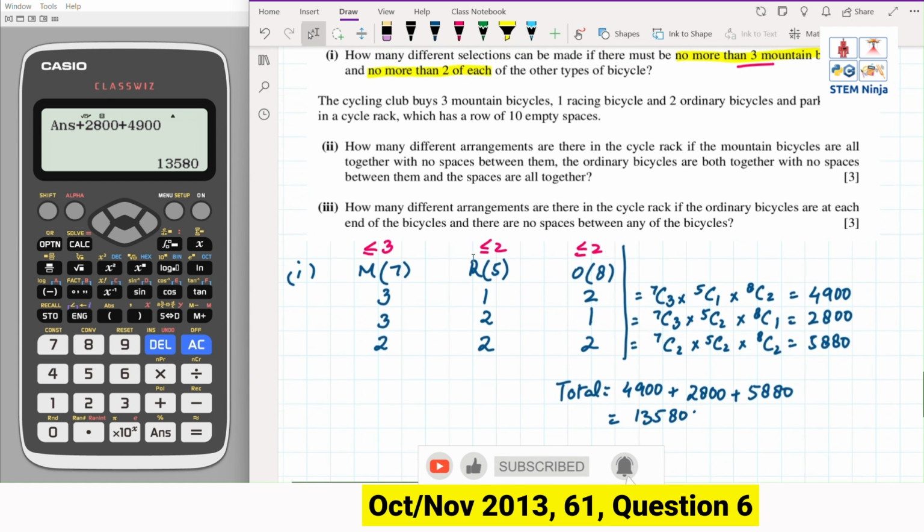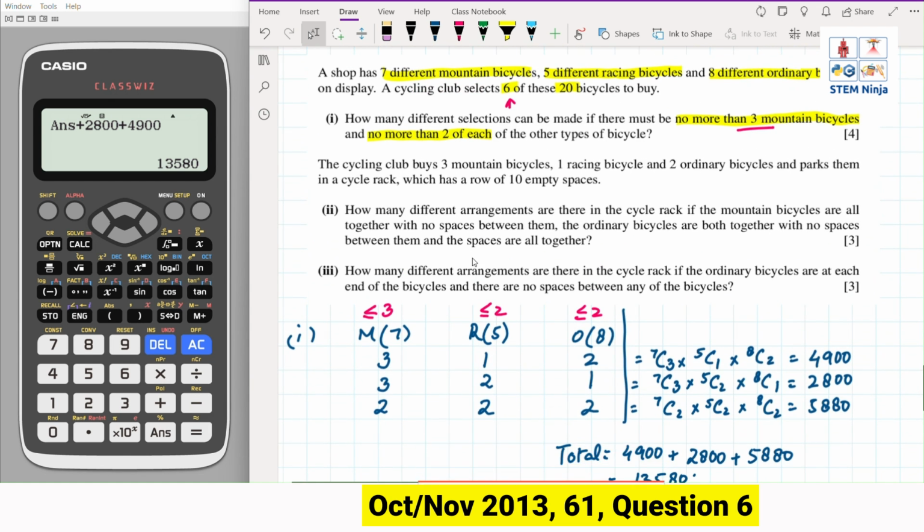Easy peasy. The cycling club buys 3 mountain bikes, 1 racing bicycle, and 2 ordinary bicycles. So basically this scenario over here. And parks them in a cycle rack which has a row of 10 empty spaces. Okay, so 10 empty spaces and we need to park 6 bikes.